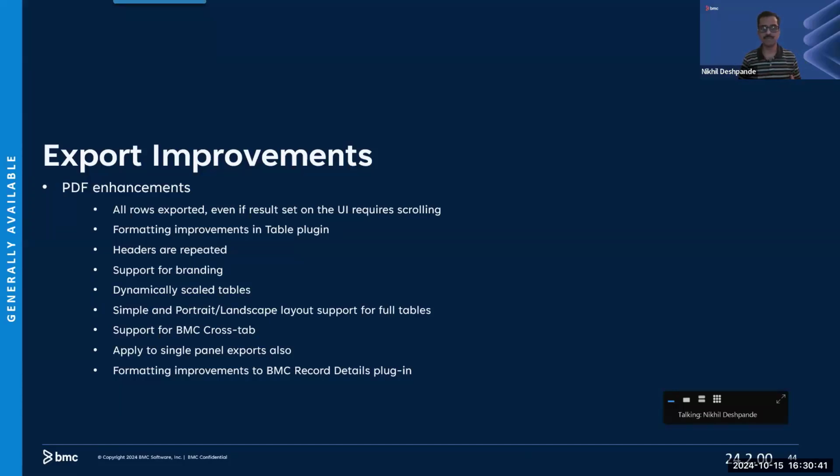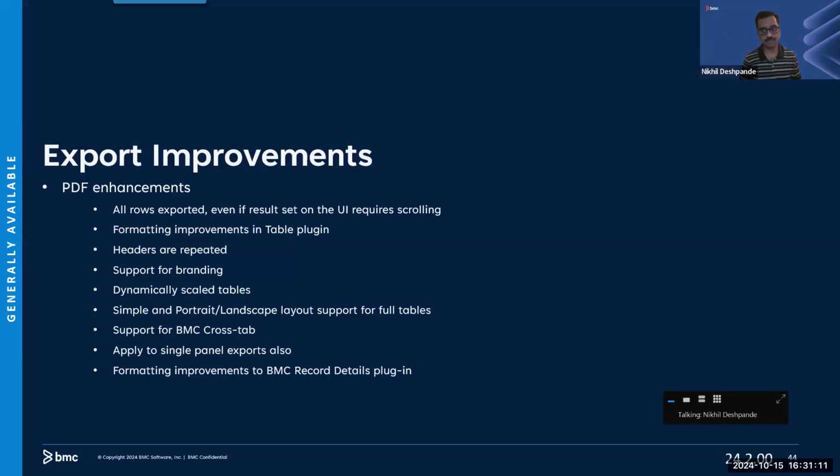For example, when you see a dashboard that requires scrolling online, when you export it to PDF, we export the entire content so that it's not just a screenshot of that report. Several formatting improvements have been made to some plugins like the table plugin, a repetition of headers, support for branding, so you can have your own custom logo.